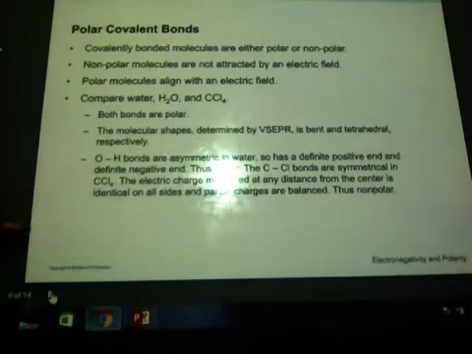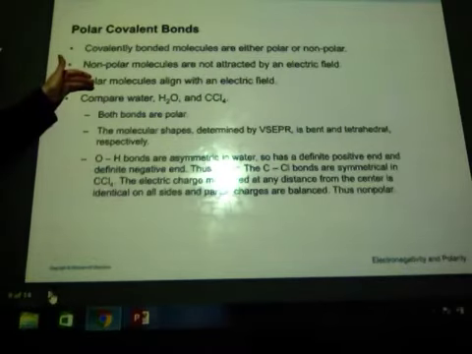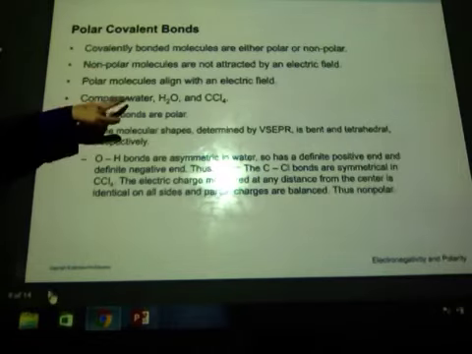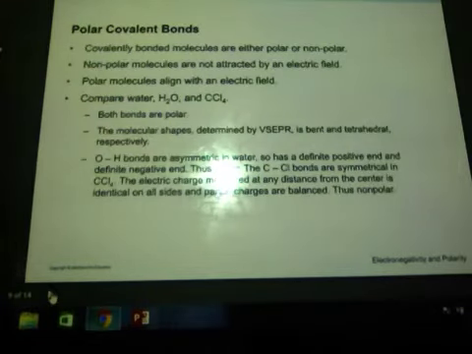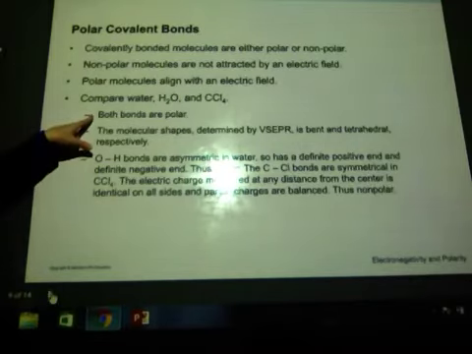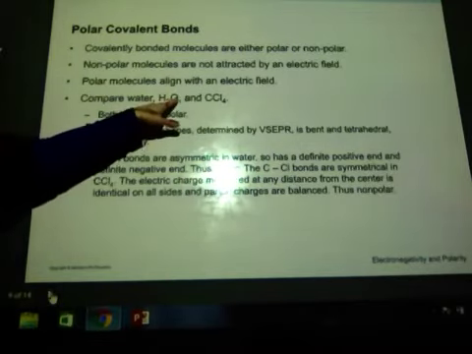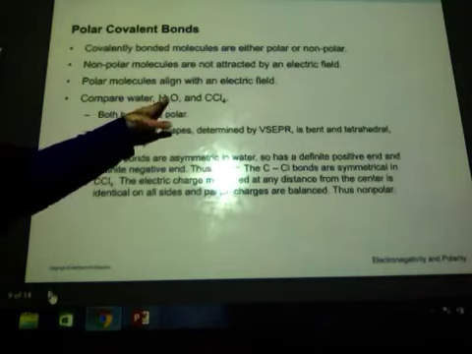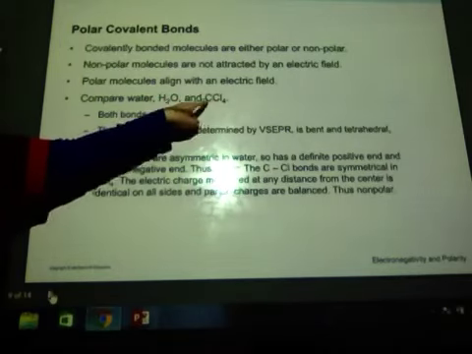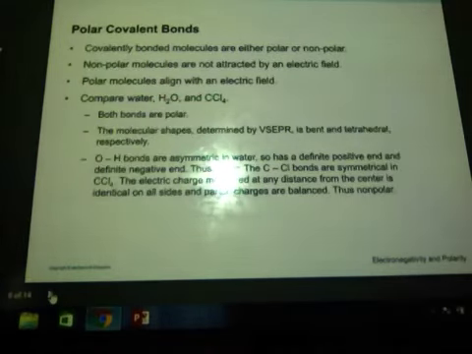North pole, south pole. These electrons are going to kind of align up. So if I look at water and carbon tetrachloride, both of them have polar bonds. If I subtract oxygen and hydrogen, I'm going to get polar. If I subtract chlorine and carbon, I'm going to get that it is a polar amount.